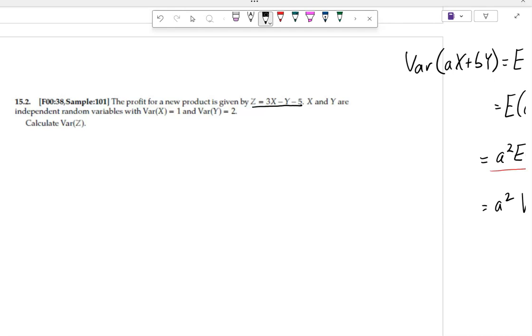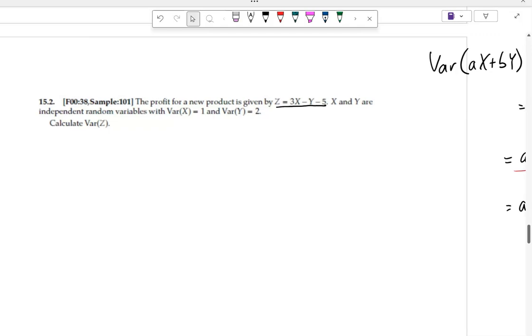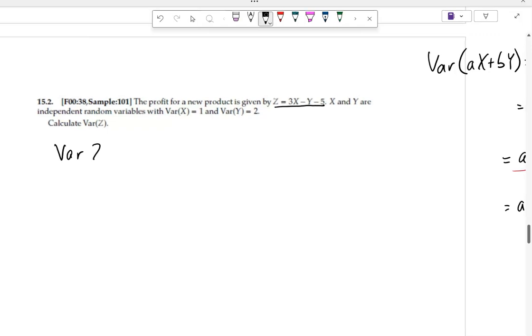So according to what we just came up with, your variance for z should be 9 times the variance of x plus, again, you've got to square the coefficient. That's important with the negative. Plus the variance of y, because I've got to square the negative 1.